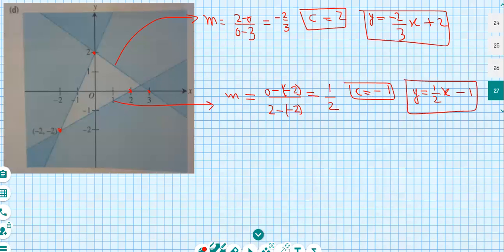All right, next one, third line. We're taking 2 points and its gradient will be y2 minus y1 over x2 minus x1. Y2 minus y1 will be 2 minus minus 2, over x2 minus x1, 0 minus minus 2.